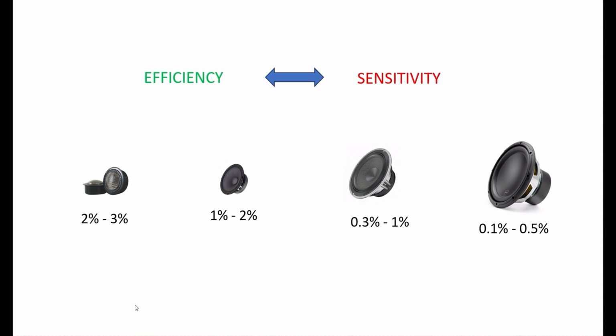Tweeters generally convert 2 to 3% of the power that you give them into acoustic energy. Mids somewhere between 1 and 2%. Mid bass, 0.3 to 1%. Subs are even worse, 0.1 to 0.5%. So surprisingly, up to 99.9% of the energy supplied to your speaker can be lost as heat. So yeah, that's speaker efficiency.